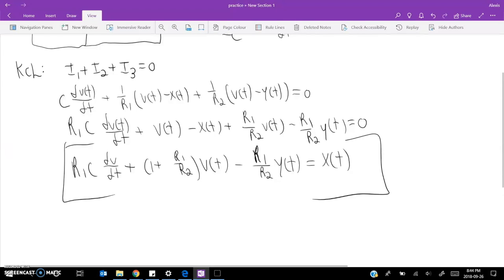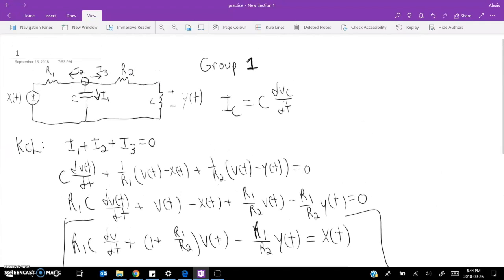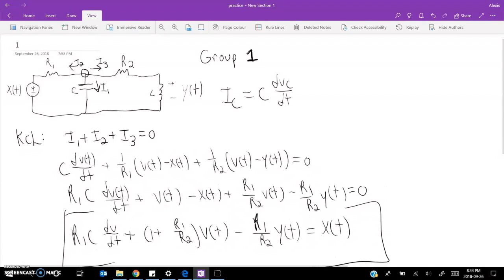So this is our first important equation, which is going to be used in solving our circuit equations to obtain our ODE in terms of Y of t and X of t.